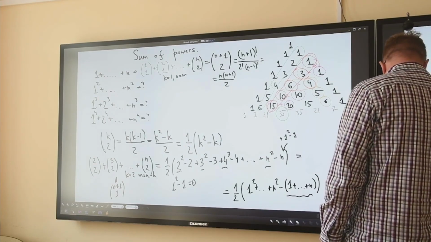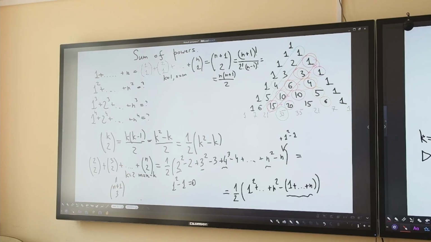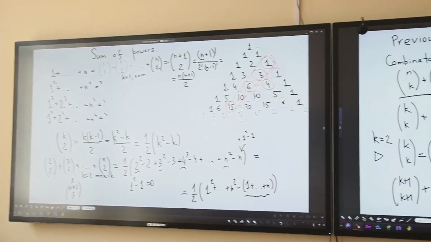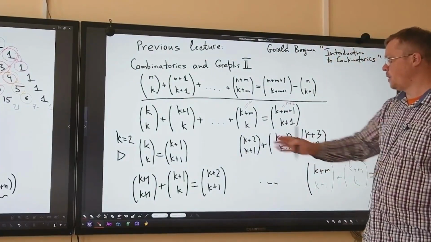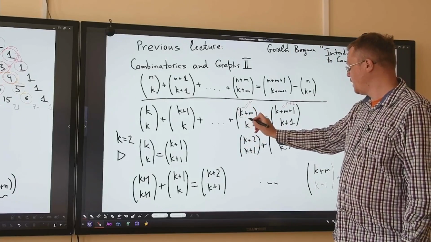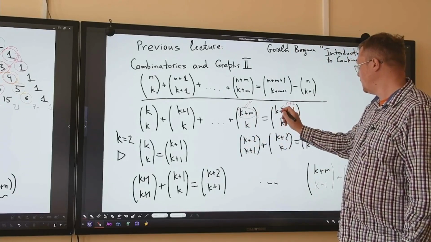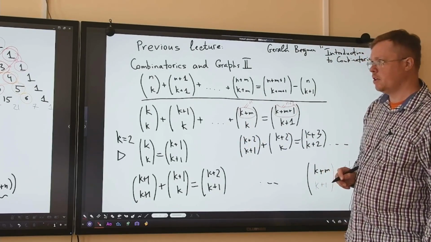So in our formulas, usually here we will have an n, and so we will have an n plus 1 here. So k will be different. k will be 1, 2, 3, and 4. But k plus m will be equal to n, and so k plus m plus 1 will always be n plus 1. Okay?